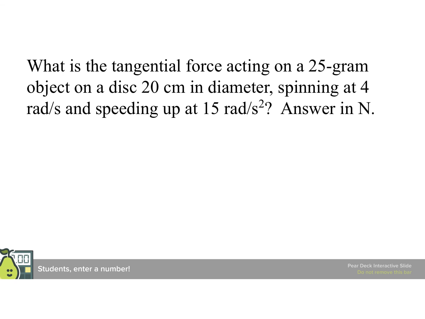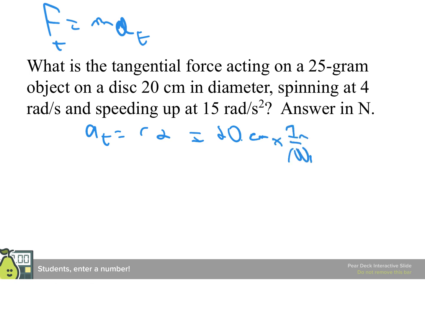Answer in newtons. We're going to, of course, go back to the fact that the force here is going to be ma. We want the tangential force, so we'll take the tangential acceleration. The tangential acceleration is r alpha. So if we want to be in newtons, we should make everything in meters and kilograms. So here we have 15 radians per second squared.